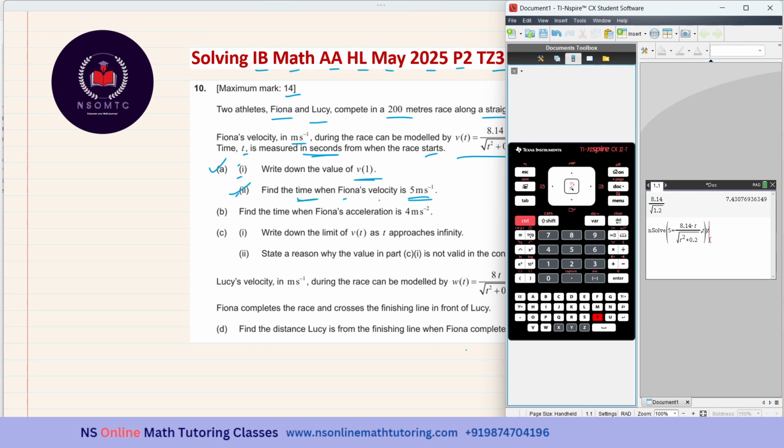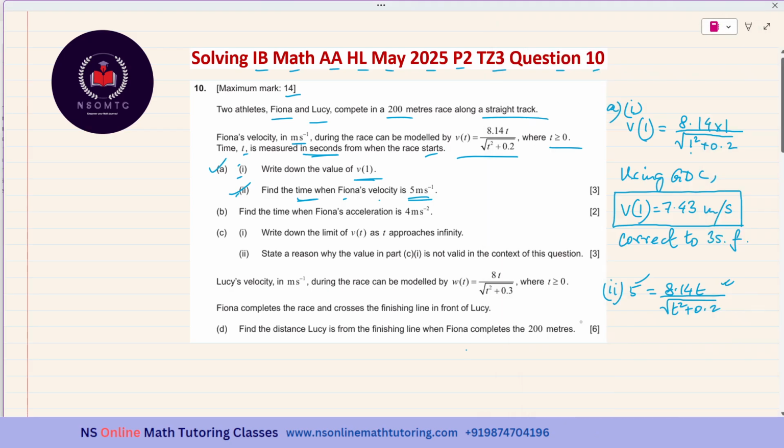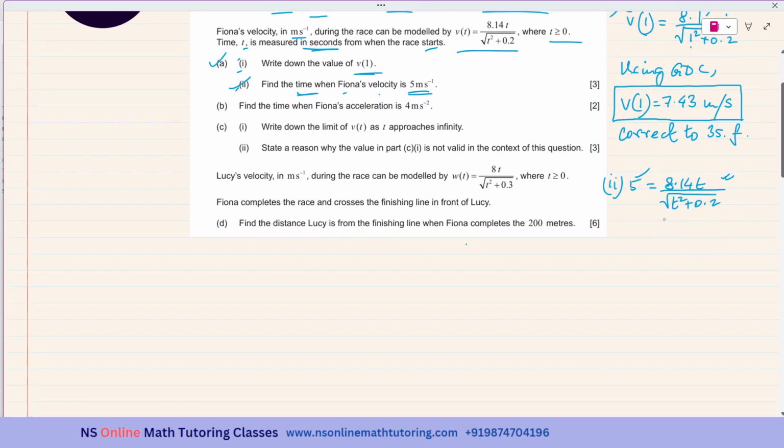So I put this vertical line, the pipe, and then t, and then again control and equal to, greater than or equal to 0. Enter. 0.348 seconds. So again using GDC, I'm not writing it. So t is equal to 0.348 seconds correct to 3 significant figures.